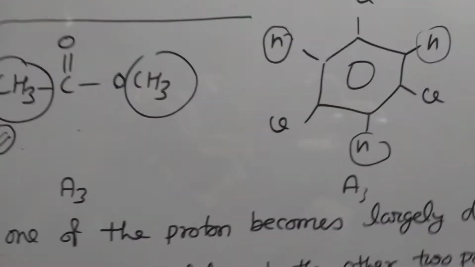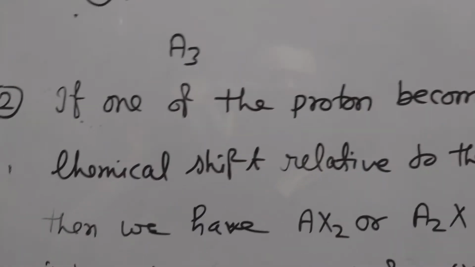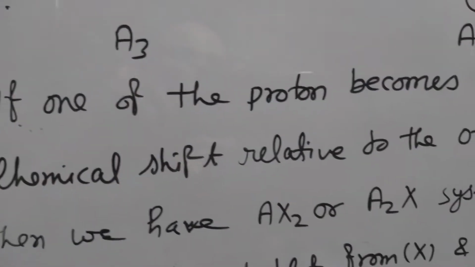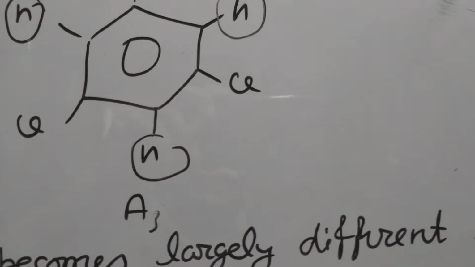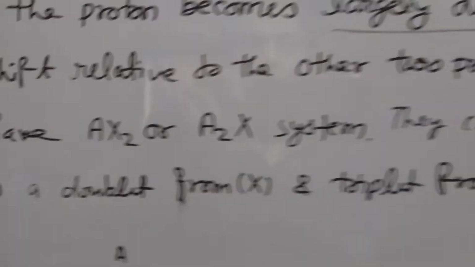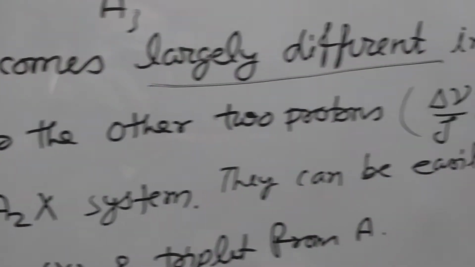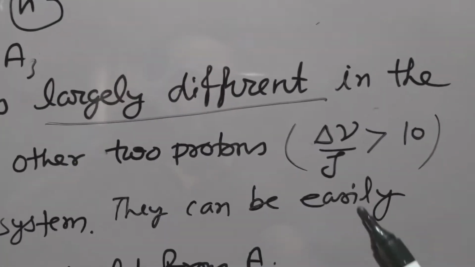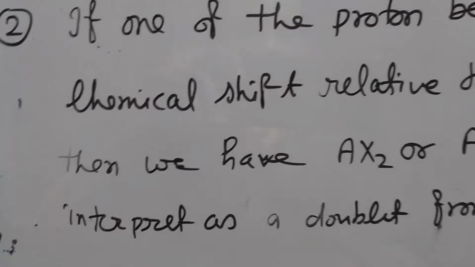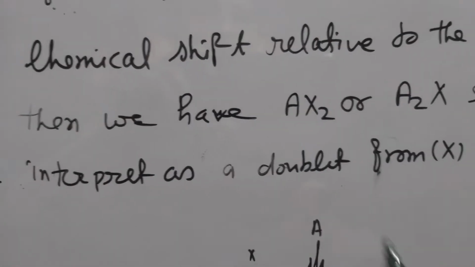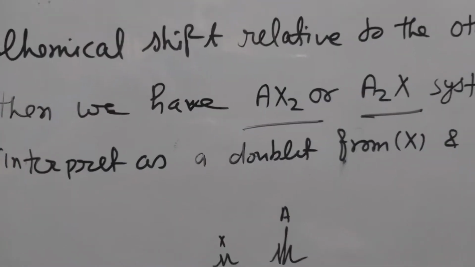However, if any one of these three protons has a different chemical shift value, and this chemical shift value is very largely different from the other two protons, that is, delta nu upon J is more than 10, then such a type of system is known as the AX2 or A2X system.